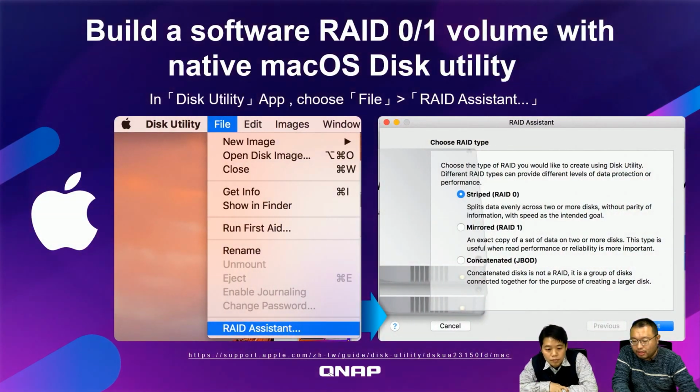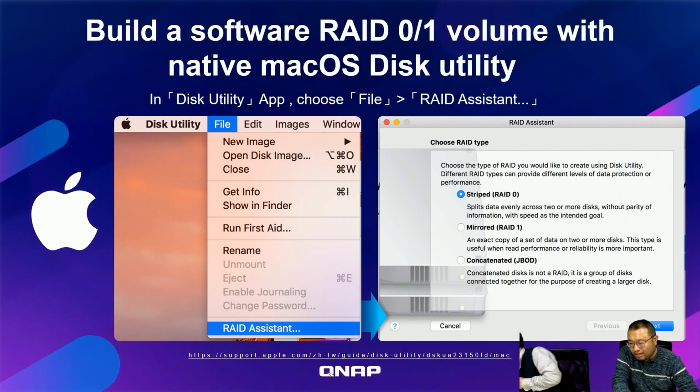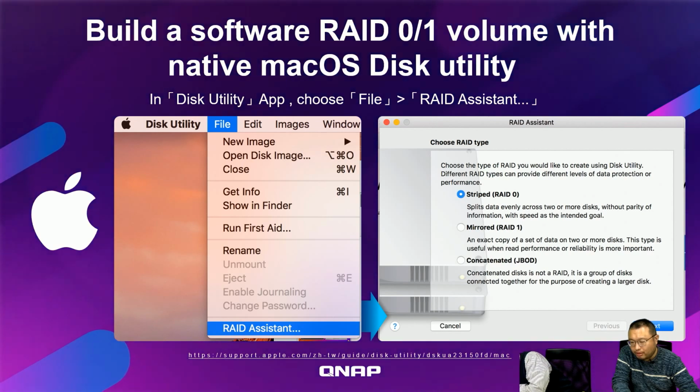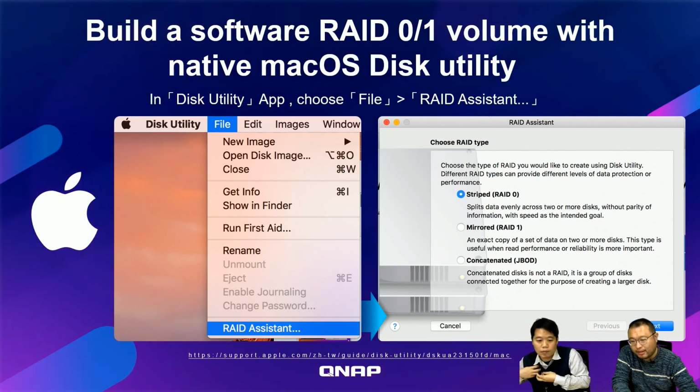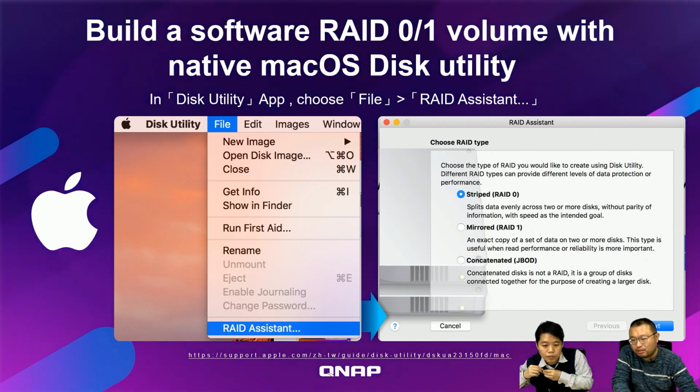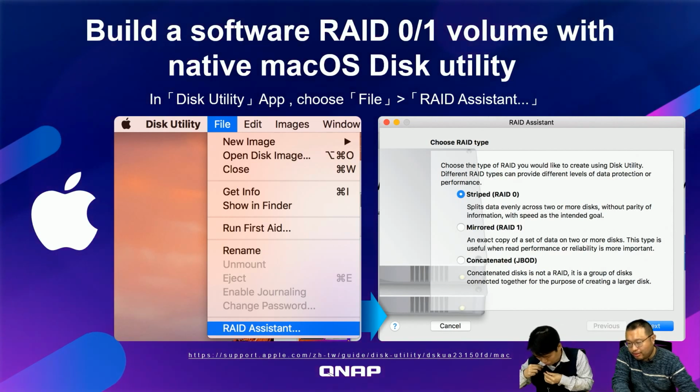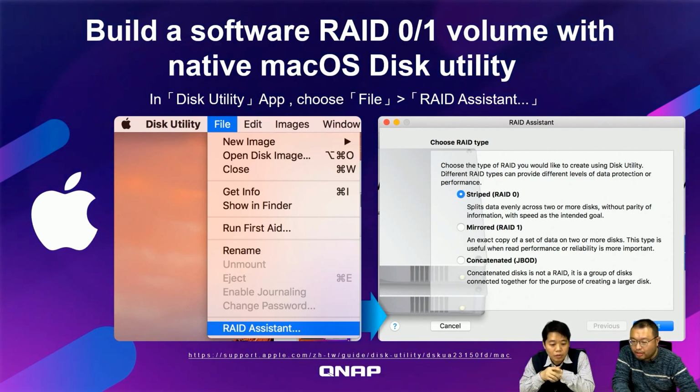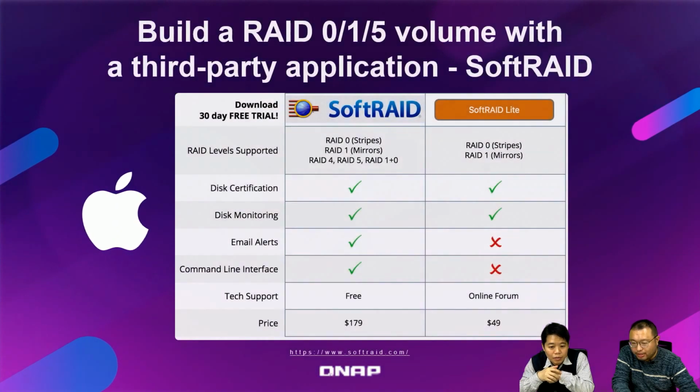For macOS, the default utility built into macOS is RAID Assistant. However, macOS only supports up to RAID 1 and RAID 0. No RAID 5 is supported here, so compared to Windows, RAID 5 is missing. If you want RAID 5 or more RAID types, there is third-party software you can install on macOS to support it.